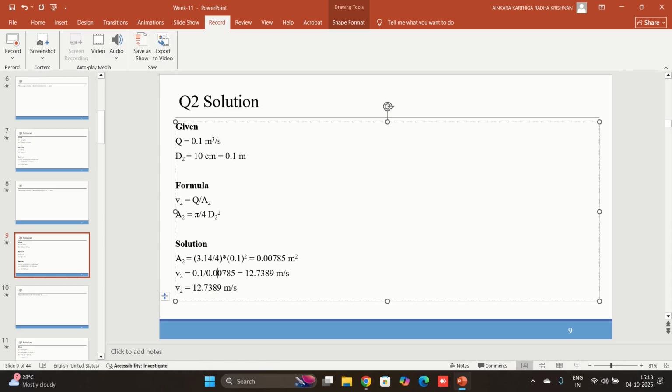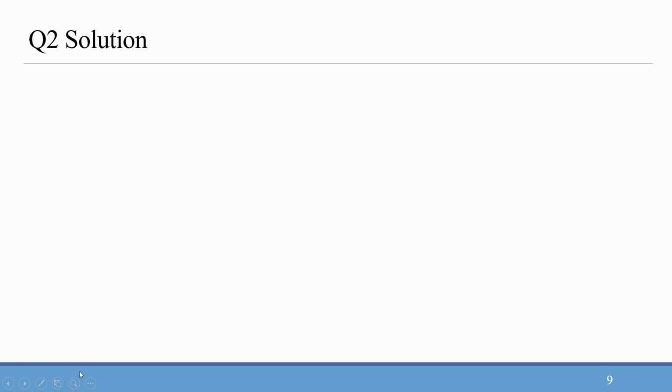I'll check again, 0.1 divided by 0.00785. It is not changing. It is 12.7389 meter per second. Just a little typo over there. But yes, that is V2.